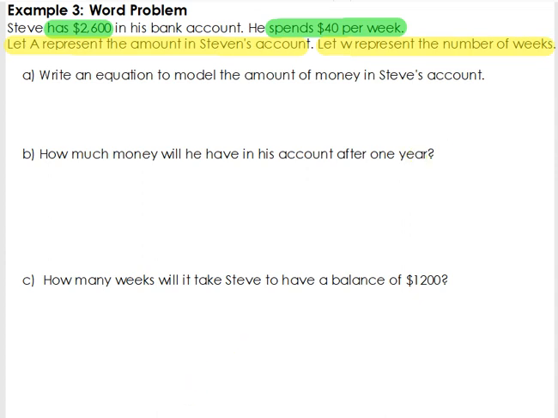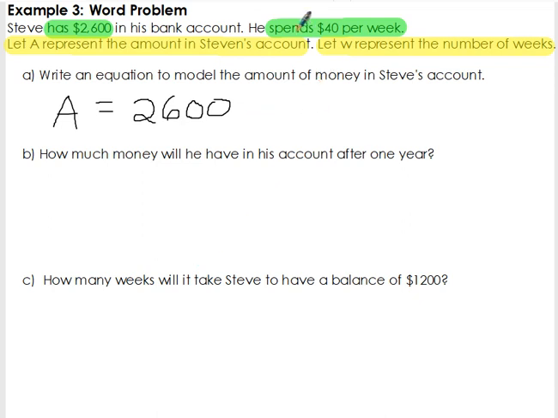So first they want us to come up with some sort of equation to model the amount of money in Steve's account. So the amount of money in Steve's account is $2,600. He starts with $2,600.